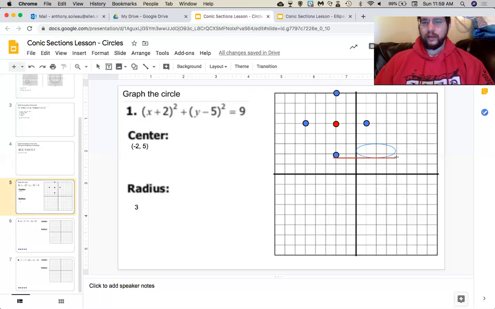Now, it makes an ellipse unless you hold the shift button while you're moving it. It'll make a perfect circle. So if you do that, you can just hold shift and go down until you have the right radius. And I said 3, I meant 6. You need to go with your diameter, not your radius. So right there.